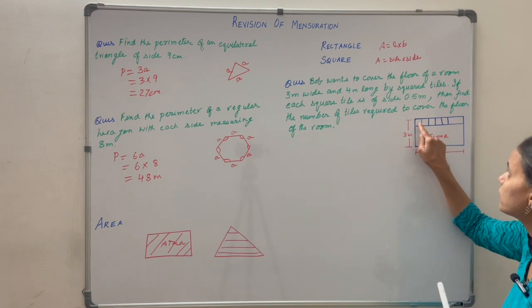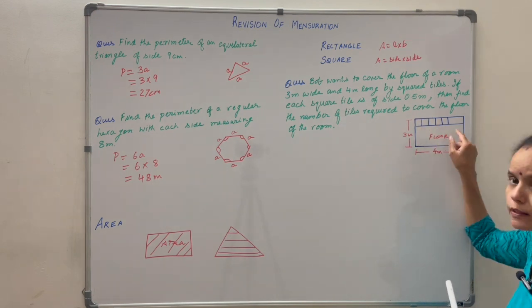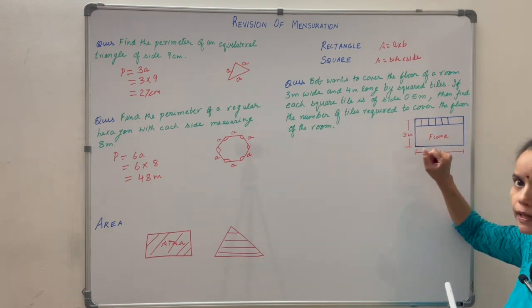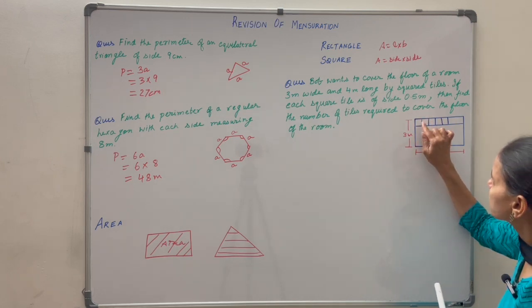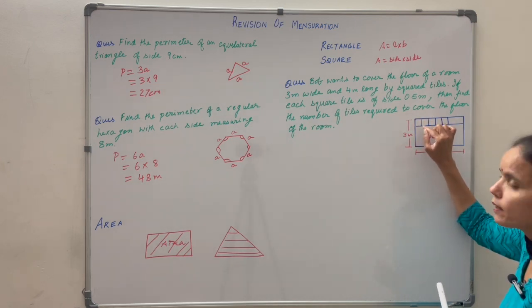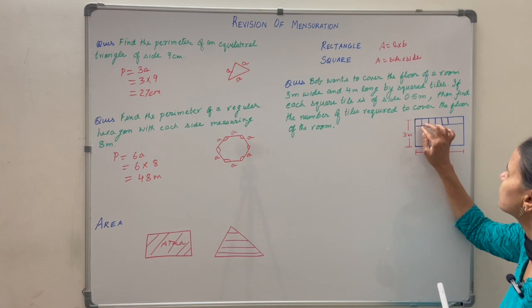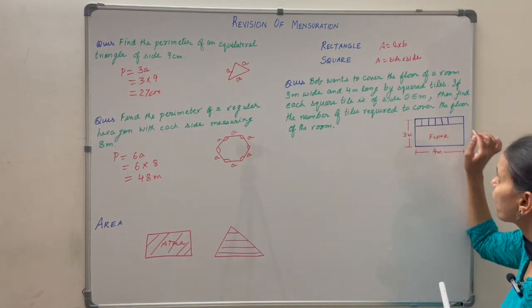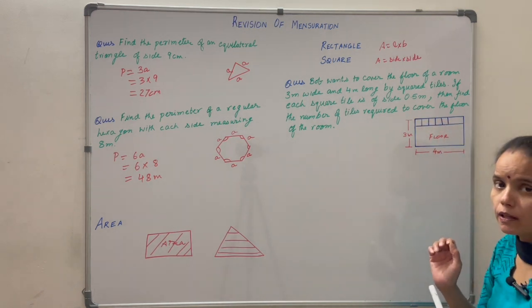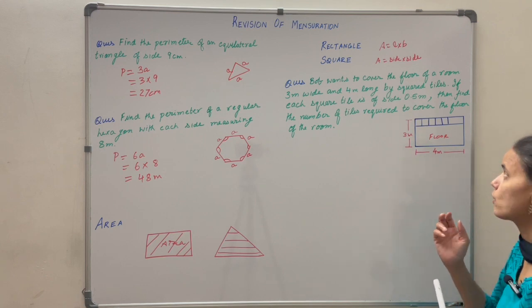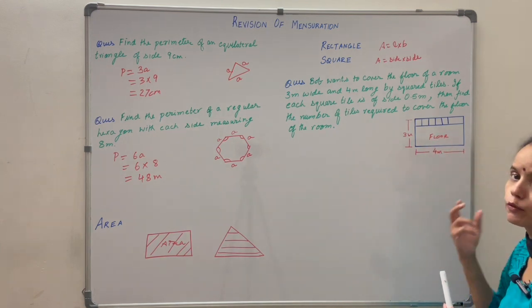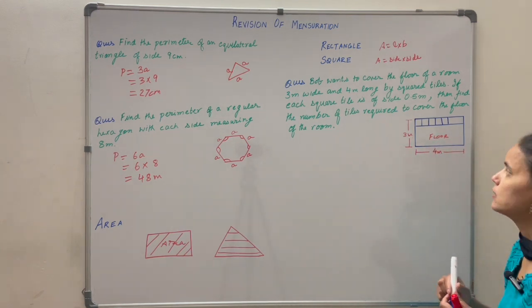So that you can find out by dividing the area of the floor by the area of one tile, because some area is occupied by one square tile. Like that, each such square will occupy some area. So how many such areas are occupied? That will give you the number of tiles.